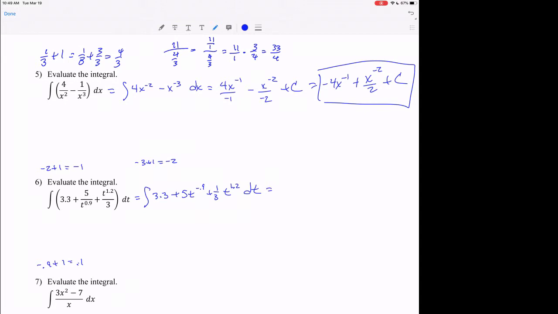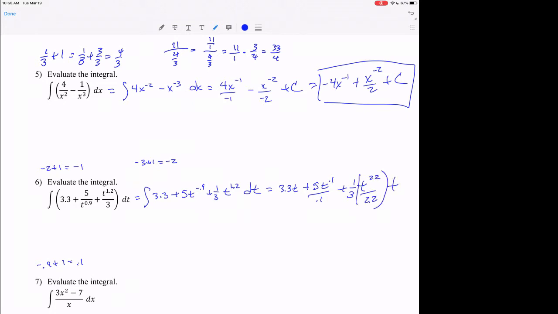Okay, so this becomes 3.3t plus 5t to the 0.1 over 0.1 plus 1/3 t to the 2.2 over 2.2.